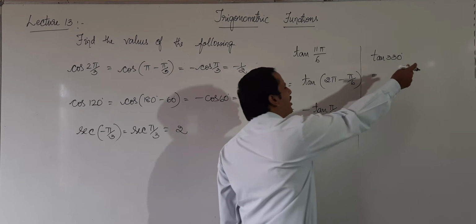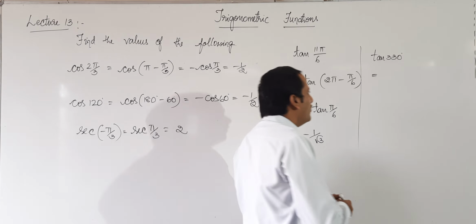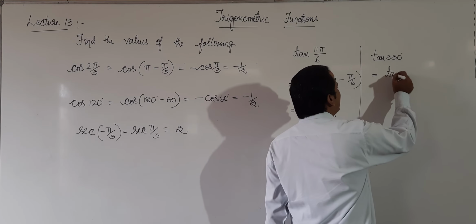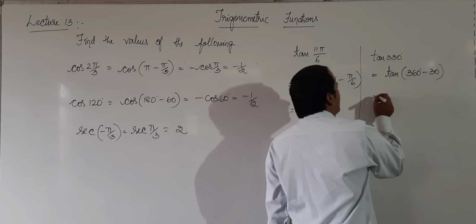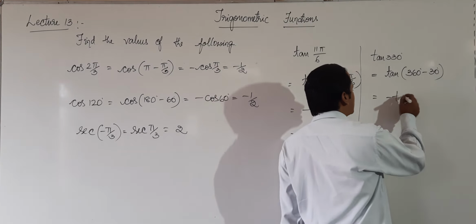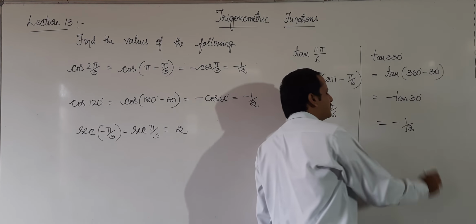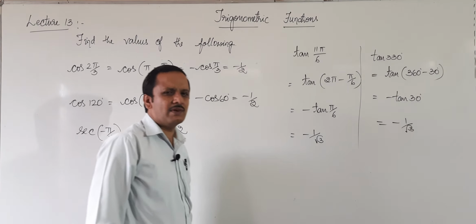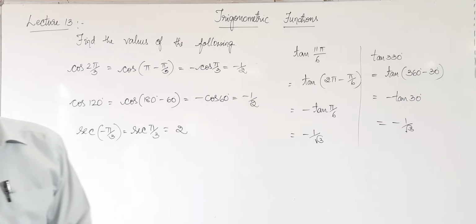If I ask you to find out tan 330 degree, how will you find out? You will write 330 degree as 360 minus 30. Fourth quadrant, tan is negative, using horizontal line, so same function, we get minus tan 30 degree. Tan 30 is 1 by root 3. So the answer is minus 1 by root 3. In this way also, you can do. Choice is yours. Okay, next question.